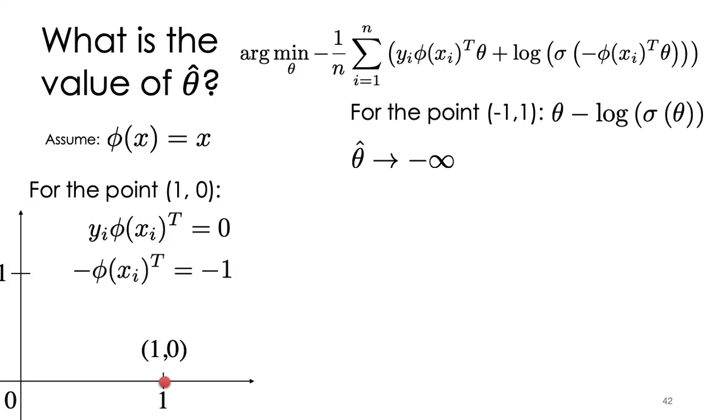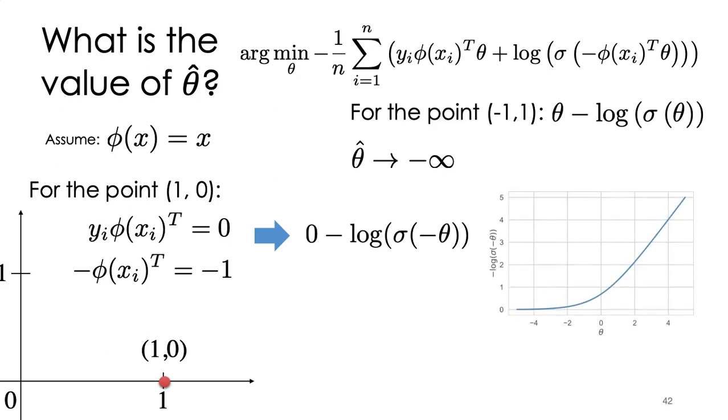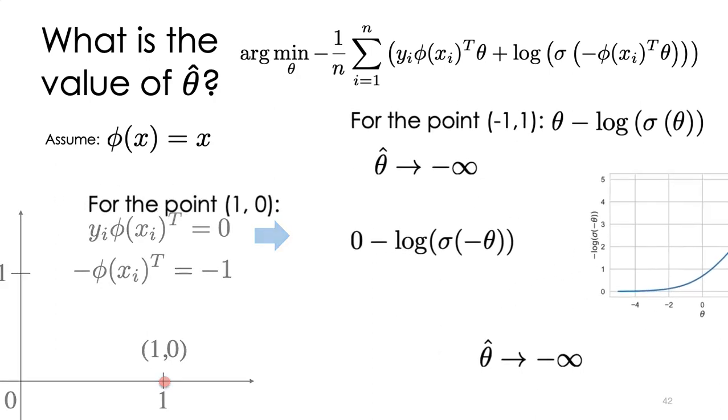You can calculate minus phi of x, plug in, and your objective function is 0 minus log of sigma of minus theta. And you plot that, and once again, theta is just rushing off to minus infinity. So we already had theta going to minus infinity for our first point, and now we have exactly the same behavior for the second point.